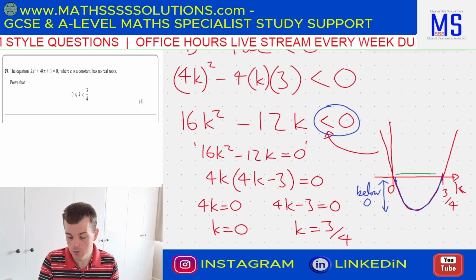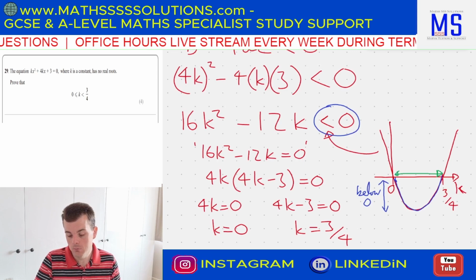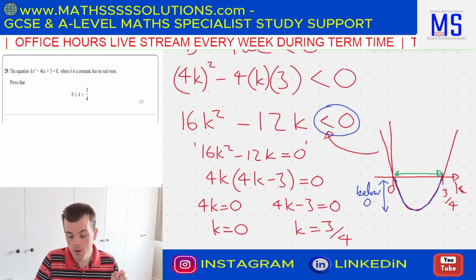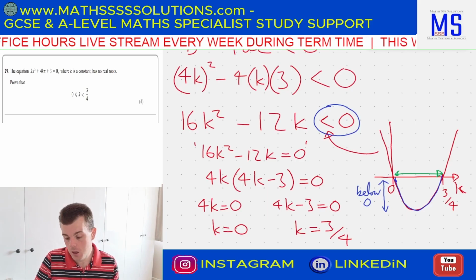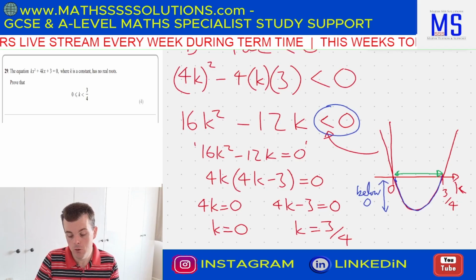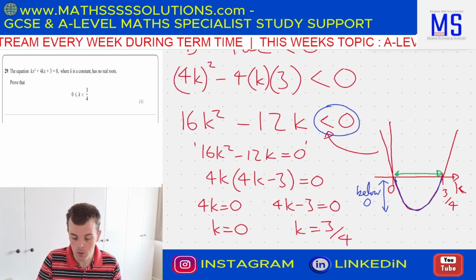It's these values of k on the k-axis. So you do not split the set up into two distinct sets. It's just one continuous set between 0 and 3/4. So you'd have to write your answer as one line, not two separate ones.